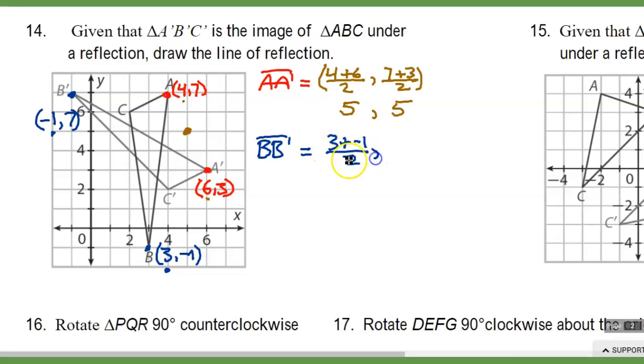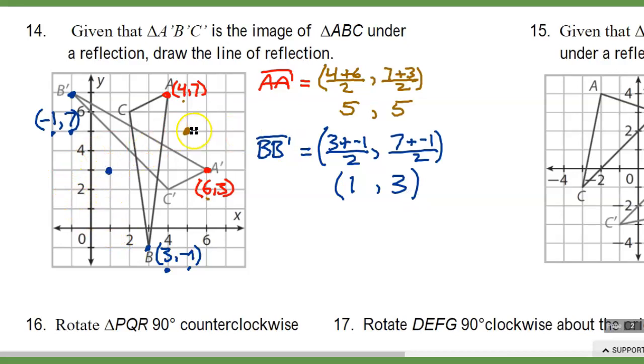Divide by 2. And the y's, 7 and negative 1. So 3 plus negative 1 is 2. 2 divided by 2 is 1. 7 minus 1 is 6. 6 divided by 2, 3. So 1, 3.